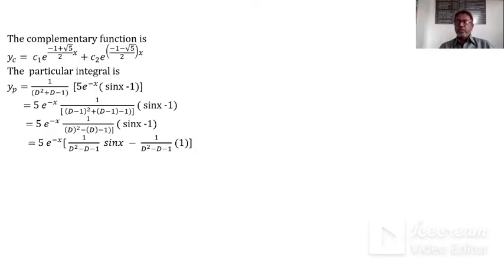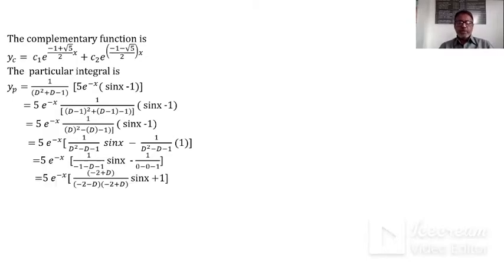And for the second, we write 1 as 1 times e to the power 0x, and therefore we directly substitute D by 0. Therefore, we obtain 5 e to the power minus x, 1 upon minus 1 minus D minus 1 operate on sin x minus 1 upon 0 minus 0 minus 1.